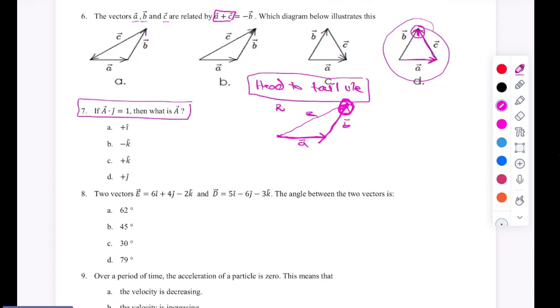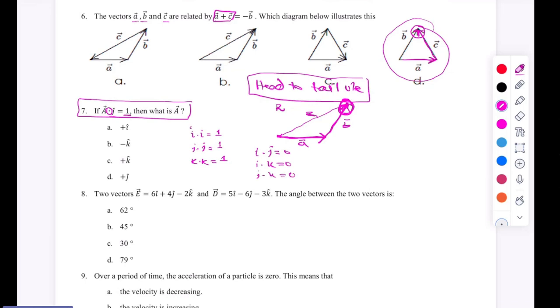A is multiplying with j and giving you 1, and here is the dot product. For the dot product between two vectors, i dot i will always give you 1, j dot j will always give you 1, and k dot k will always give you 1. Then i dot j will give you 0, i dot k will give you 0, and j dot k will give you 0.